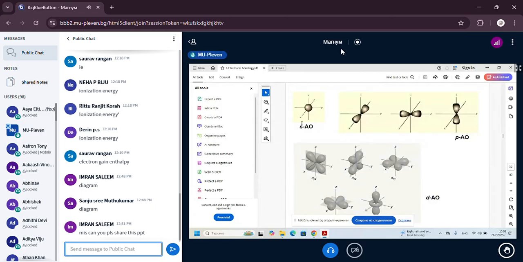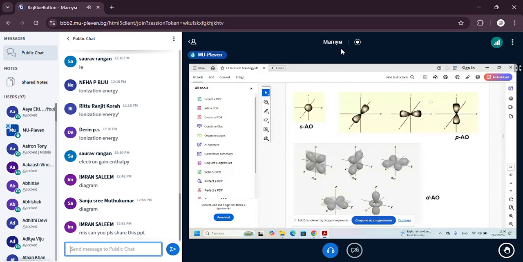The orientation of p-atomic orbitals is along axes X, Y, Z. The shapes of these p-atomic orbitals are similar.